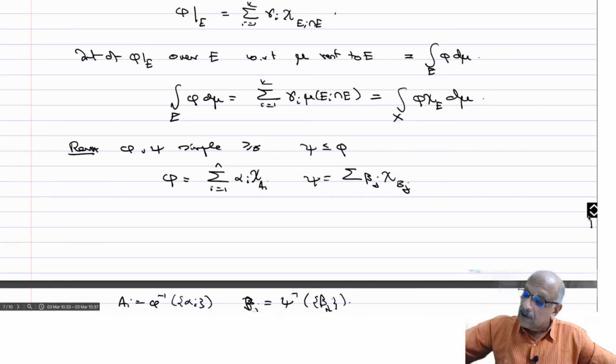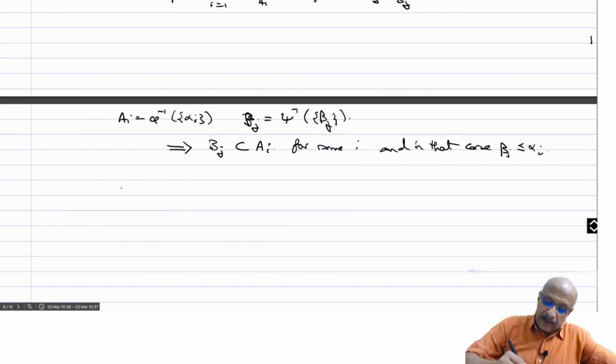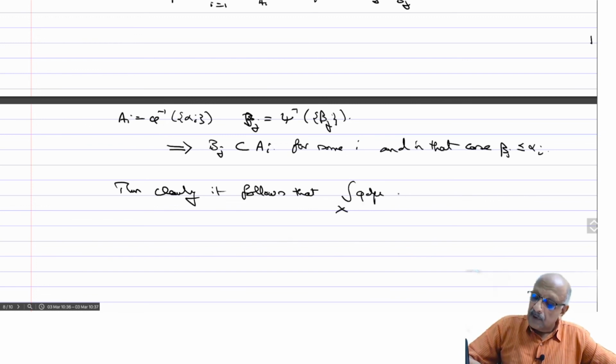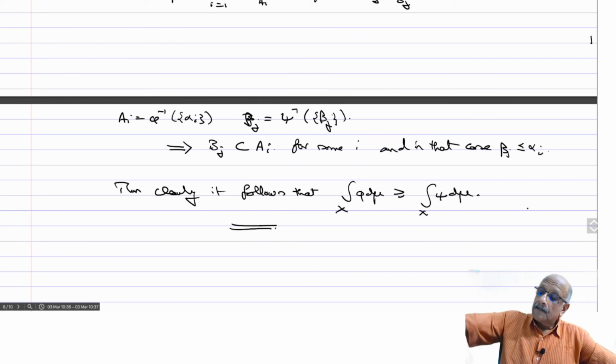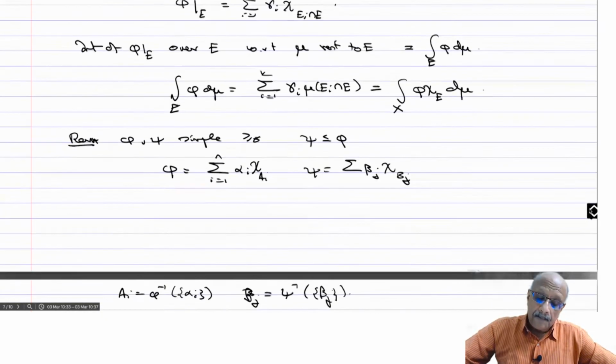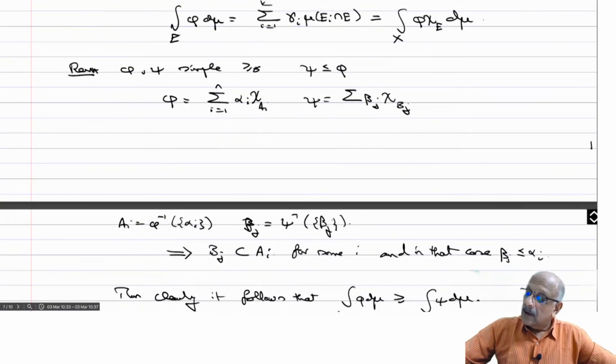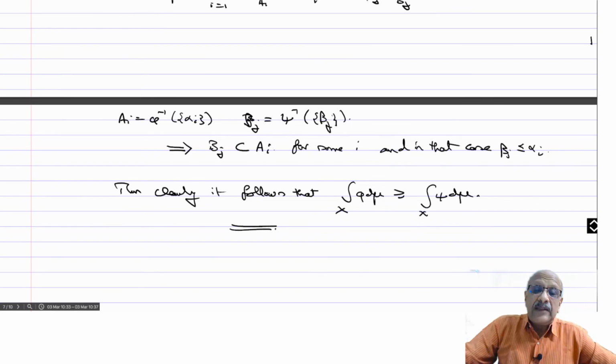When written in terms of disjoint sets, clearly it follows that the integral over X of phi d mu is bigger than or equal to the integral over X of psi d mu. So the bigger function has the bigger integral, just as in the case of area under the curve, the bigger function will have more area under the curve.